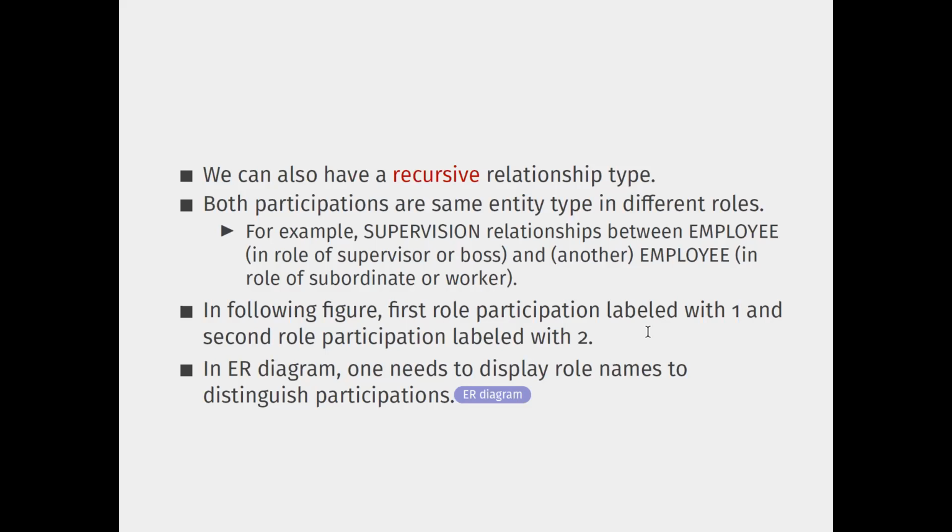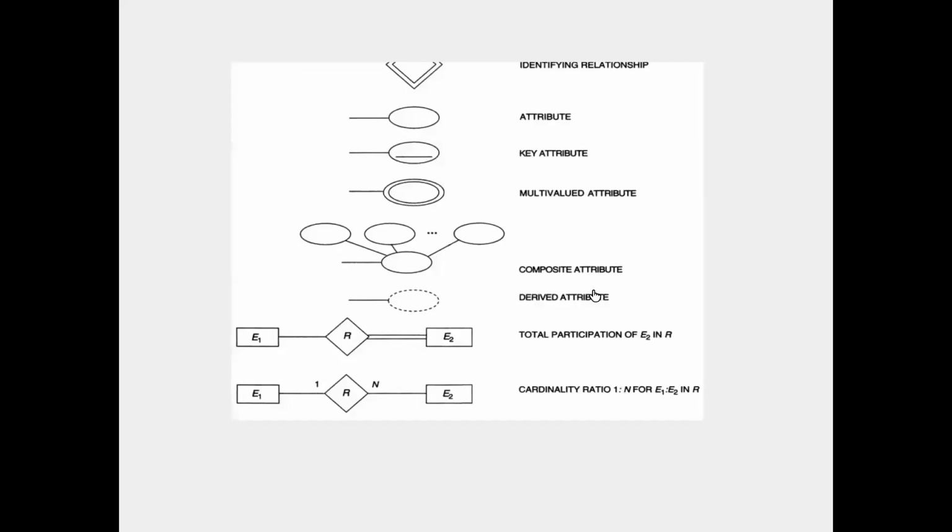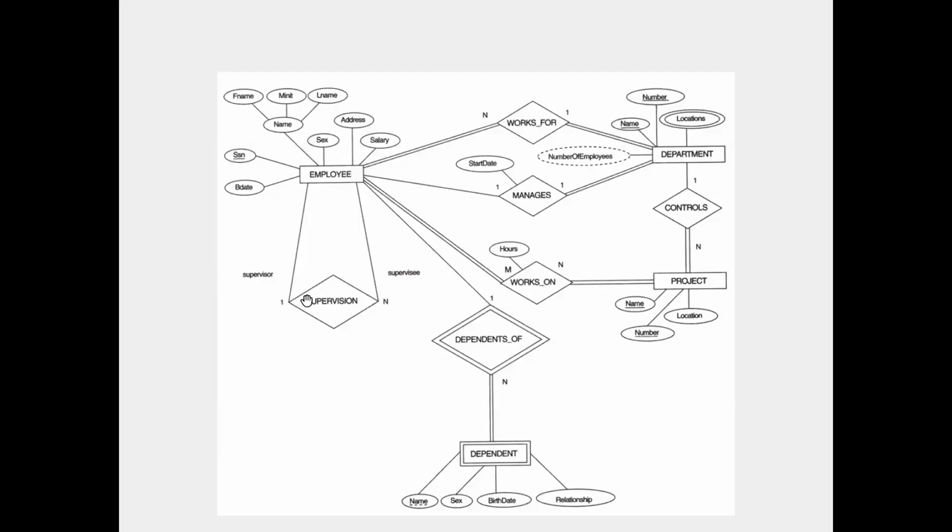Right. Another idea that I would like to discuss: sometimes you have a recursive relationship. Recursive means you are referring to the same object. For example, if you take this example, this is one such example.